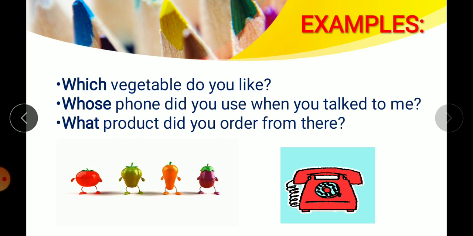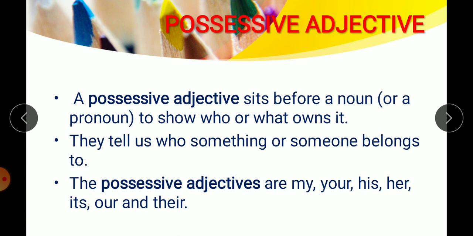Right? Now coming to possessive adjective. A possessive adjective sits before a noun or a pronoun to show who or what owns it. Possessive or possession, that word means ownership, belongingness. So ये भी noun से पहले आएगा and it will show that this thing or that person or any place belongs to whom. They tell us who something or someone belongs to.